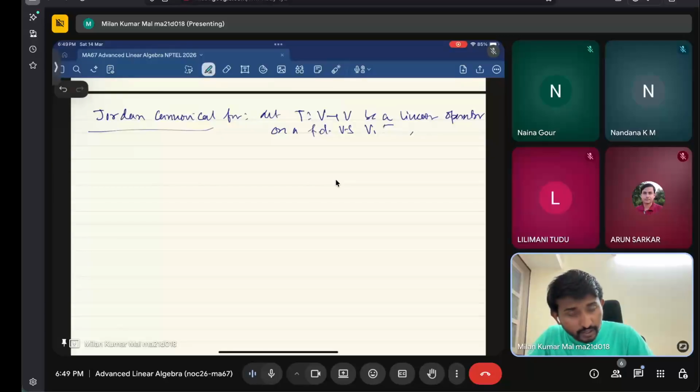For example, you can consider it as the complex numbers. Why do I need this? There is a purpose: an algebraically closed field.